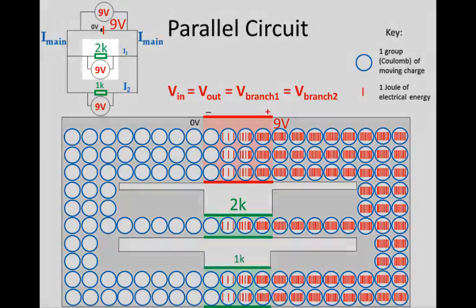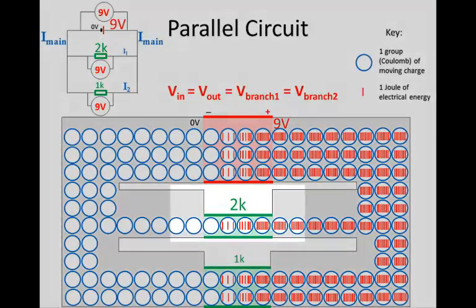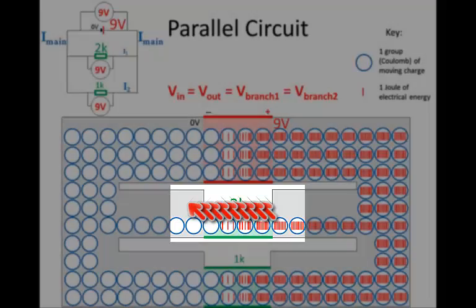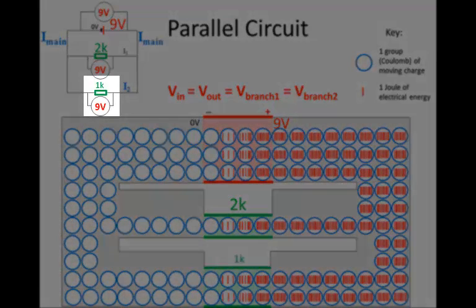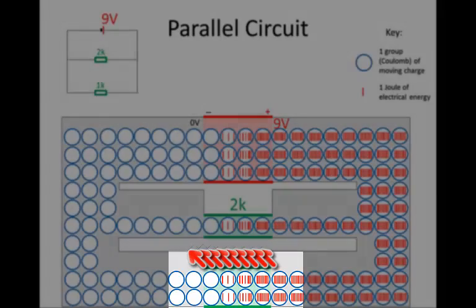And that's what the voltmeter reads, 9 volt. And the meaning of that 9 volts is that in between those 2 points, 9 volts has been lost out of the resistor. And if we measured the voltage across the 1K resistor, we would also find 9 volts. And again, that means that 9 volts has been lost as the charges move through that 1K resistor.